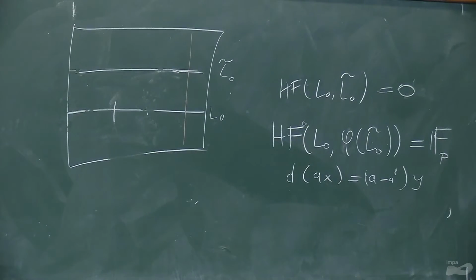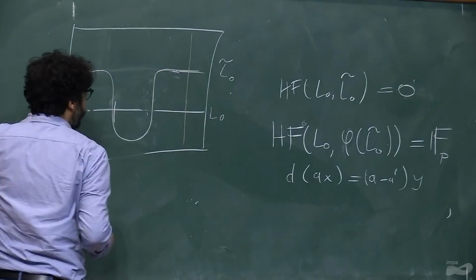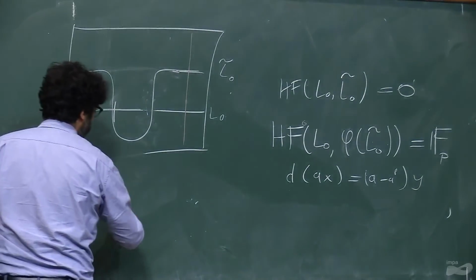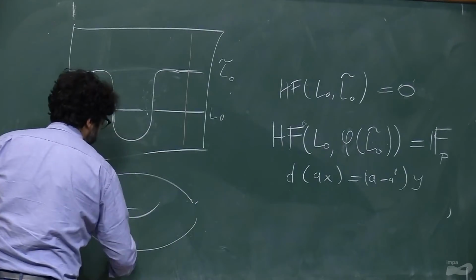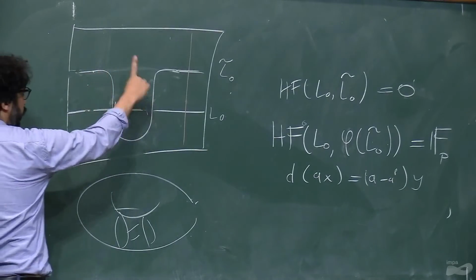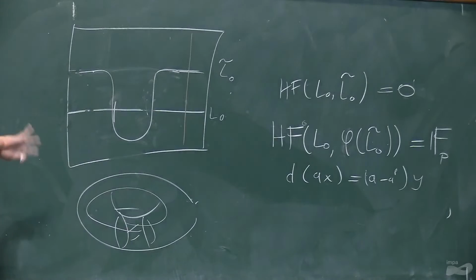So I have to remove these annuli. Of course, you can remove one of the annuli, but there are actually infinitely many annuli. There's one annulus here, which I remove by this isotopy, but then there's this one as well. So I have to remove all of them by this isotopy.